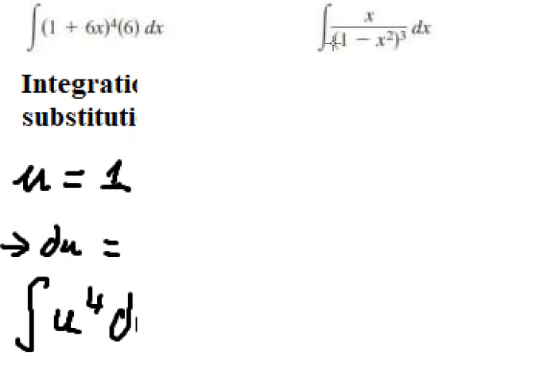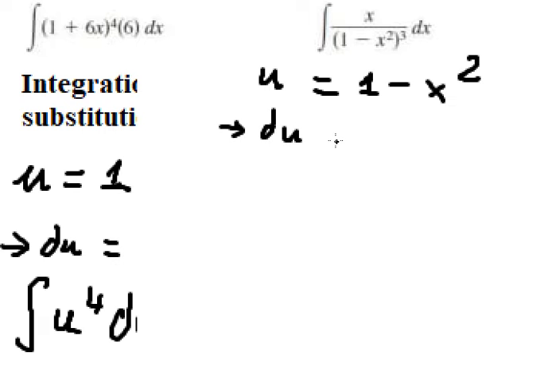We use the same integration by substitution. So I will put u equal to 1 minus x squared. Now if we do the first derivative for both sides, this one you get 0. For x squared, we have negative 2x dx.